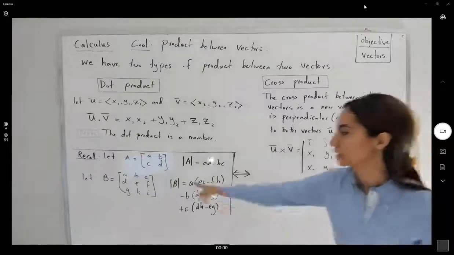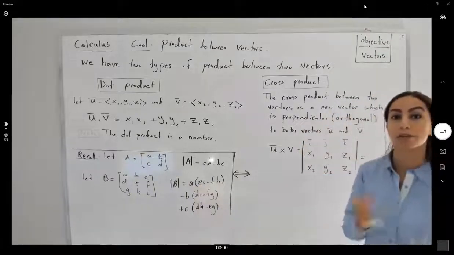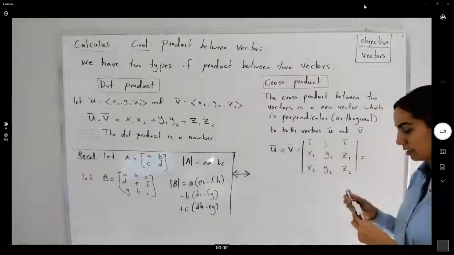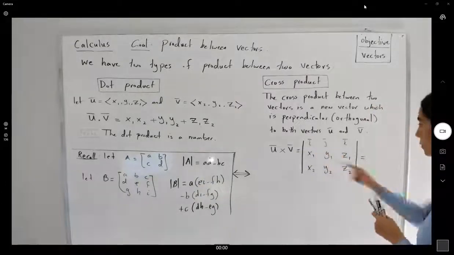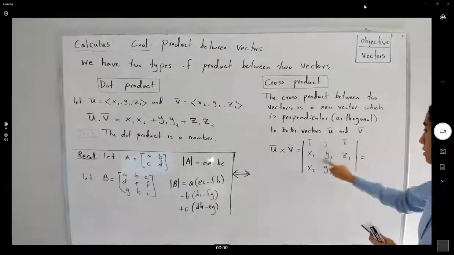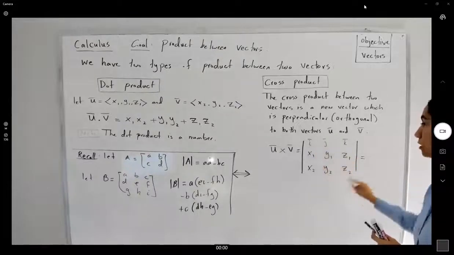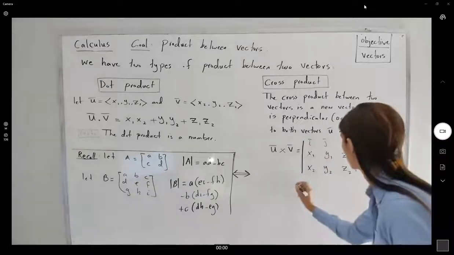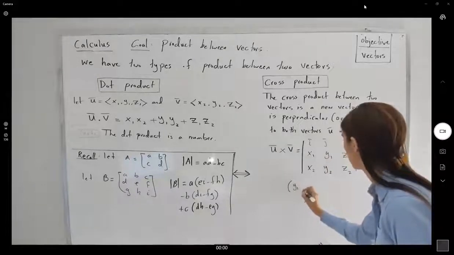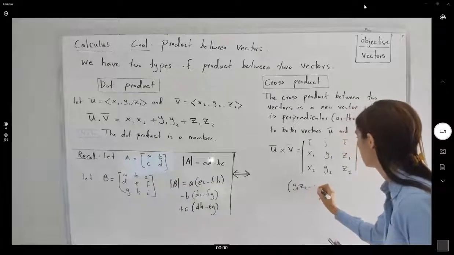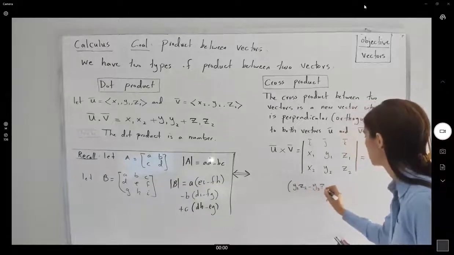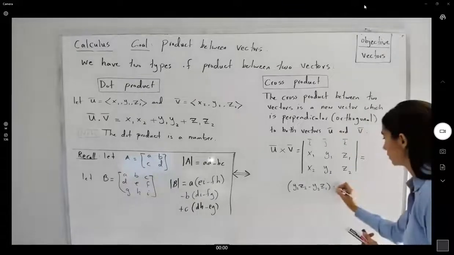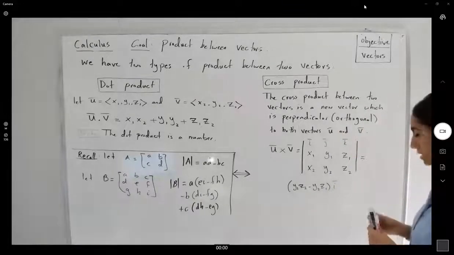Well, following the definition of a determinant of a 3 by 3 matrix, it is equal to i times the determinant of this small submatrix, which is y1 z2 minus y2 z1, times i in the direction of the x-axis.